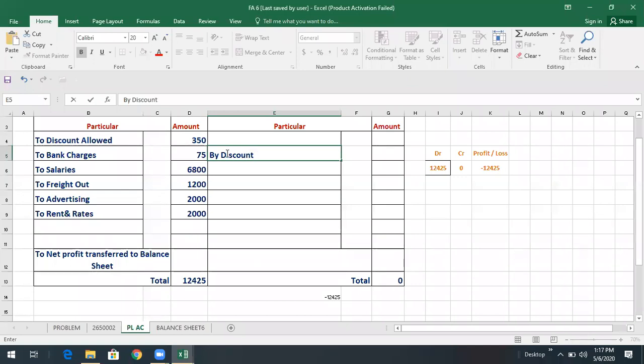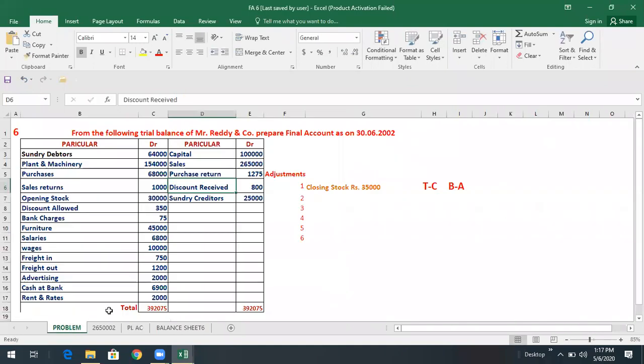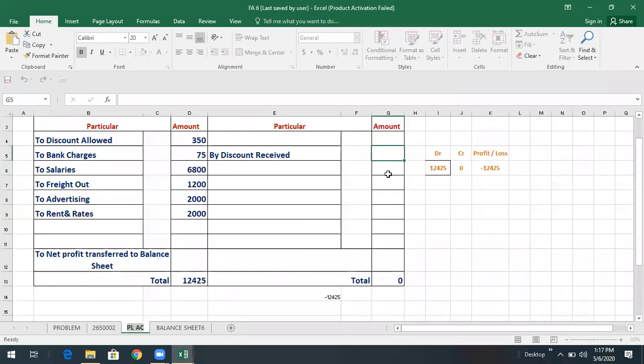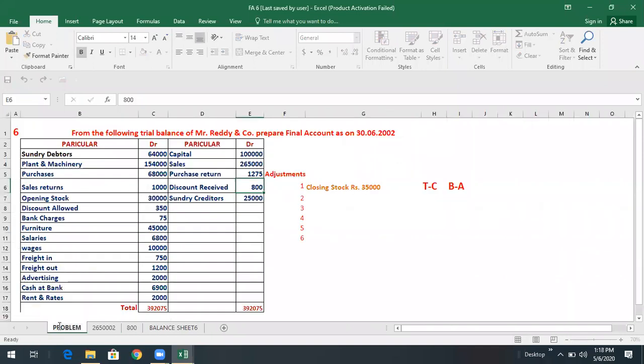What is the value? 800 rupees. So I'm entering 800 rupees, profit and loss account credit side, discount received.